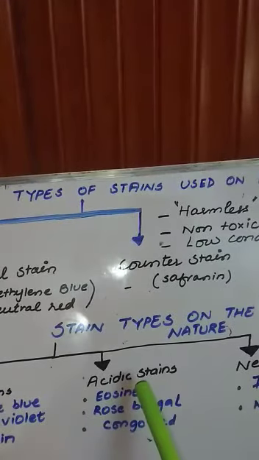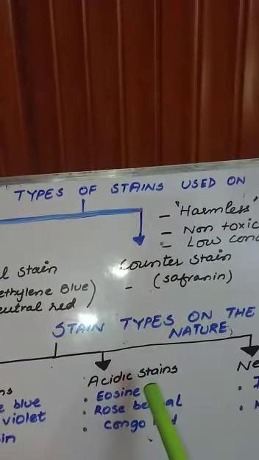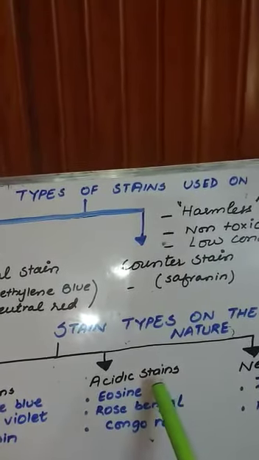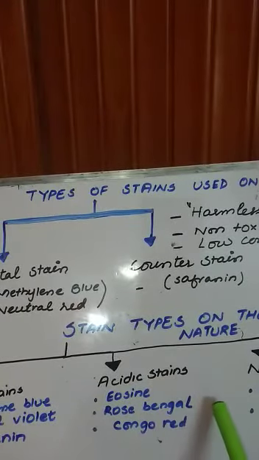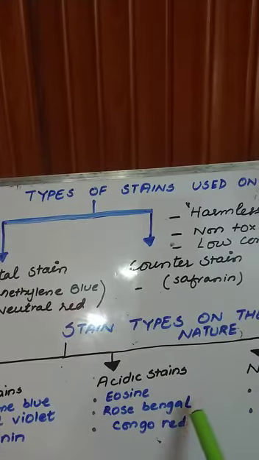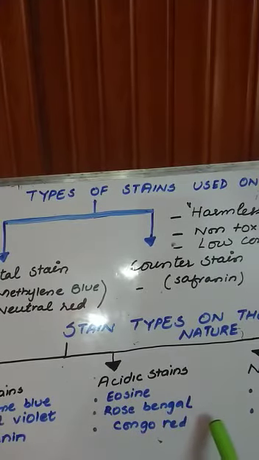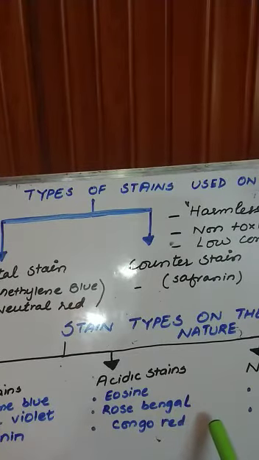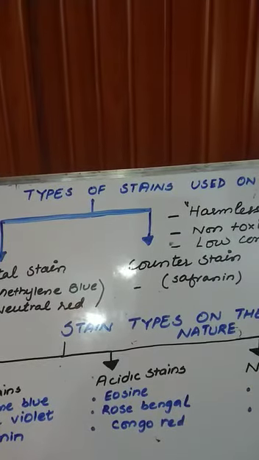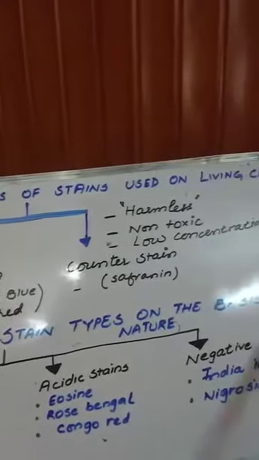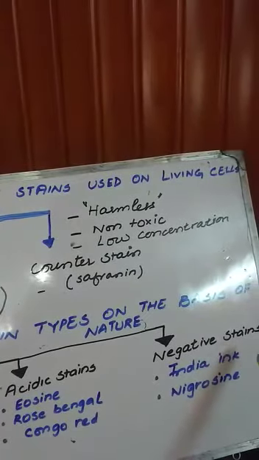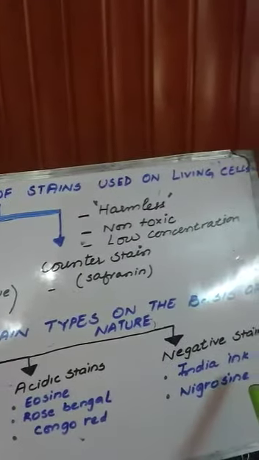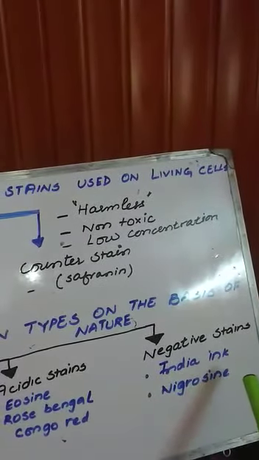For acidic stains, eosin solution, rose bengal, and Congo red are used. Negative stains include India ink and nigrosine.